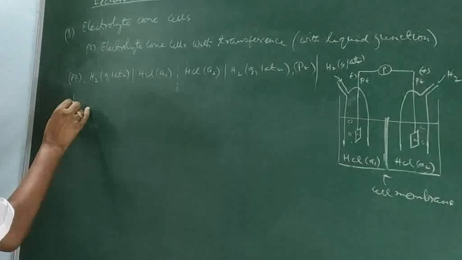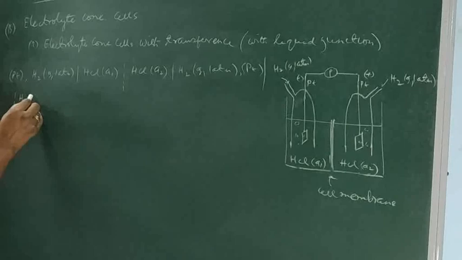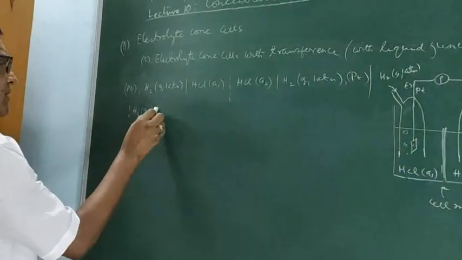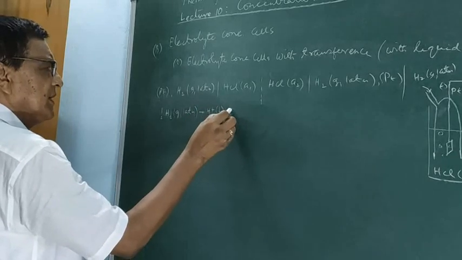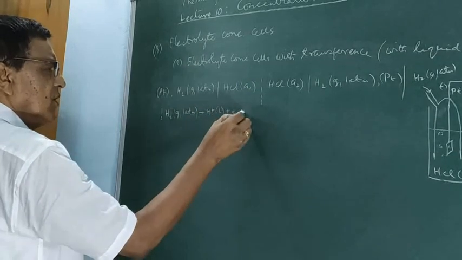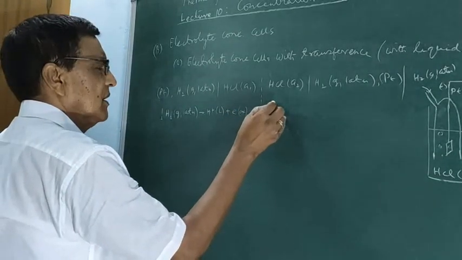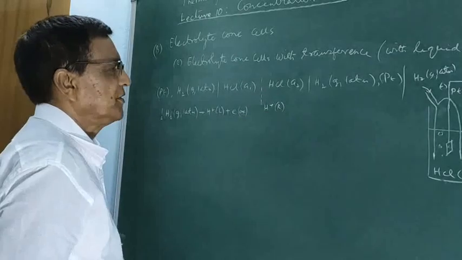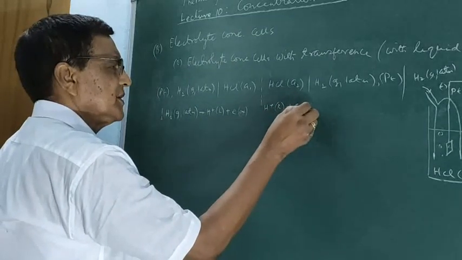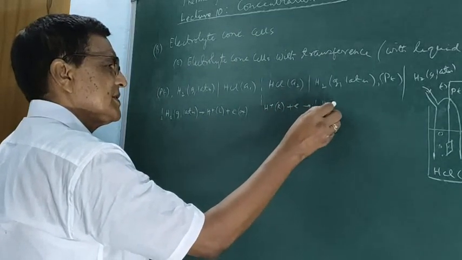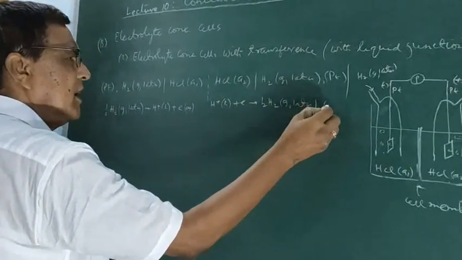Here, the hydrogen gas electrode reaction at 1 atmosphere gives hydrogen ion on the left plus electron, and this is oxidation. On the right-hand side, hydrogen ions from the hydrochloric acid take up the electron in reduction and give hydrogen gas, also at 1 atmosphere, and this is the reduction.